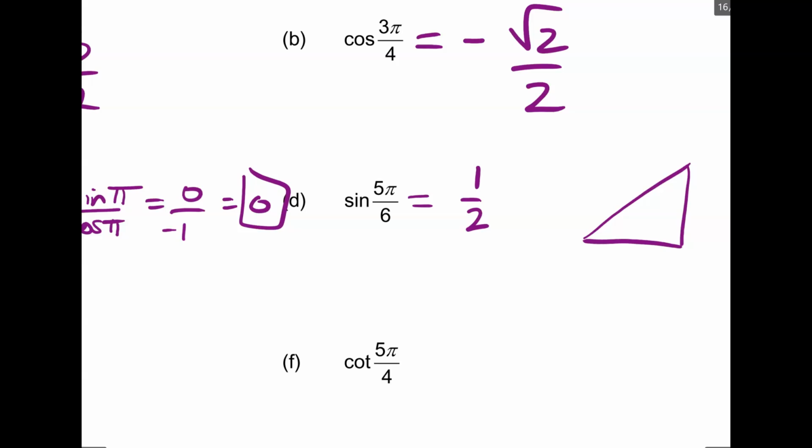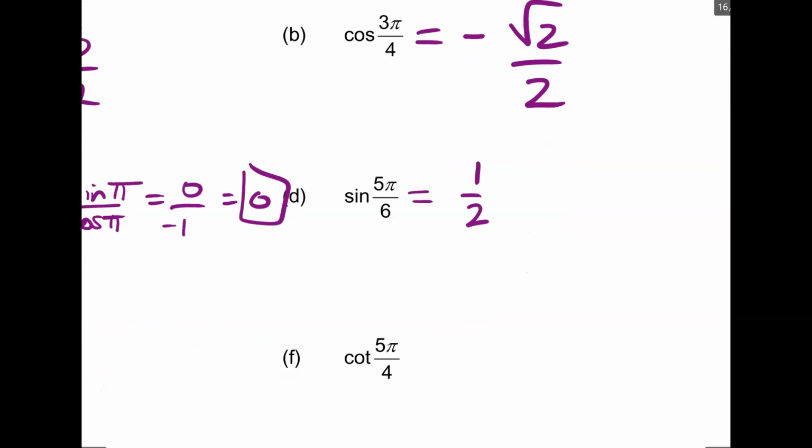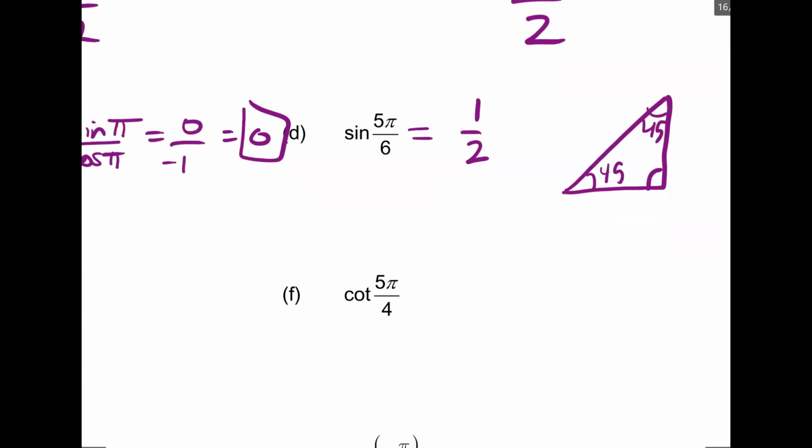If you need, write it at the top of your paper so you can memorize it exactly. I think half of you have that. You don't need to draw a triangle for every single one. You only need 2 triangles: 45, 45, 90, and 30, 60, 90.